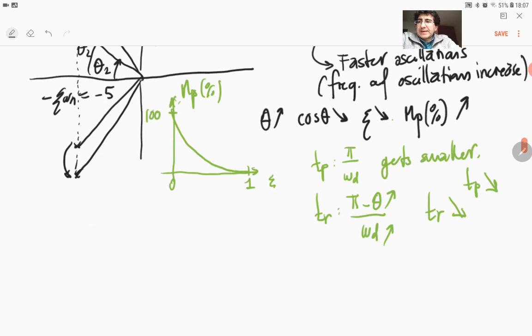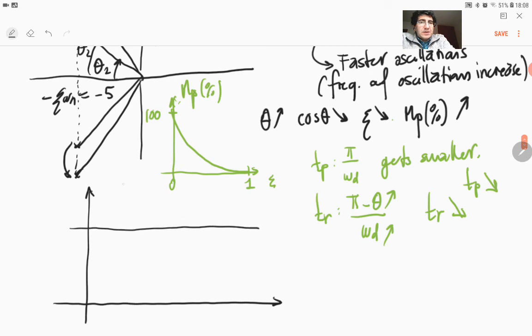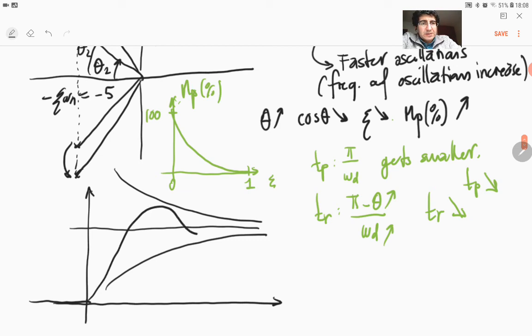So if we sketch these two systems, as I increase the controller gain K, we have an exponential envelope that stays the same because the psi omega n product stays the same. If this is your initial system, it's going to have a damped sinusoid like this.